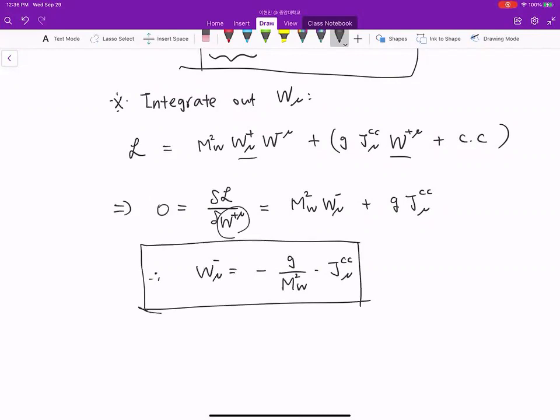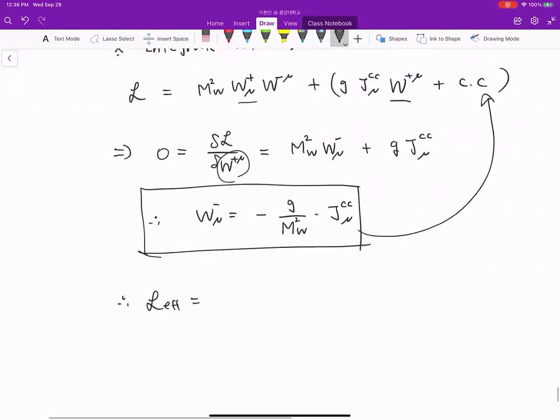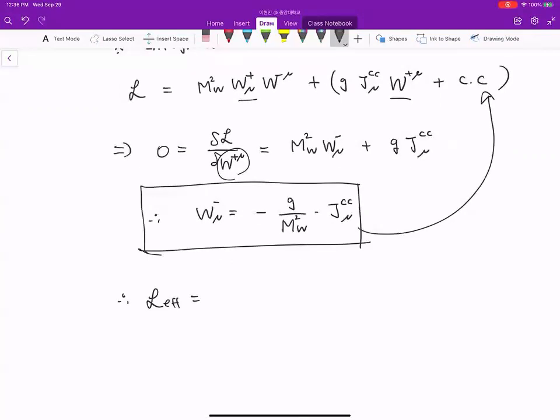So you can solve this equation for the W boson and put it back into the original Lagrangian. Then in the effective Lagrangian, the W boson here we have a square. Then there are the same terms with the negative sign.